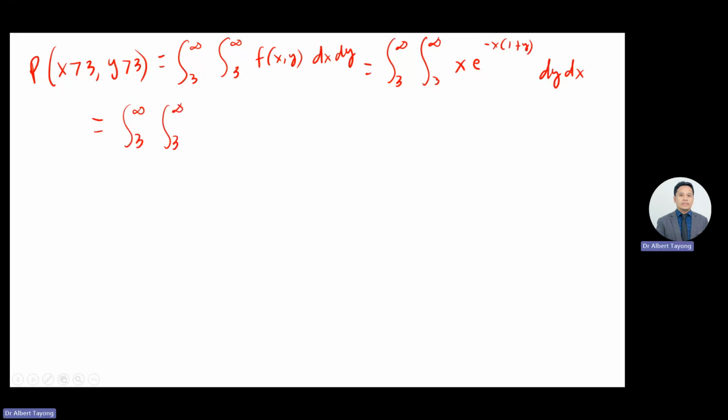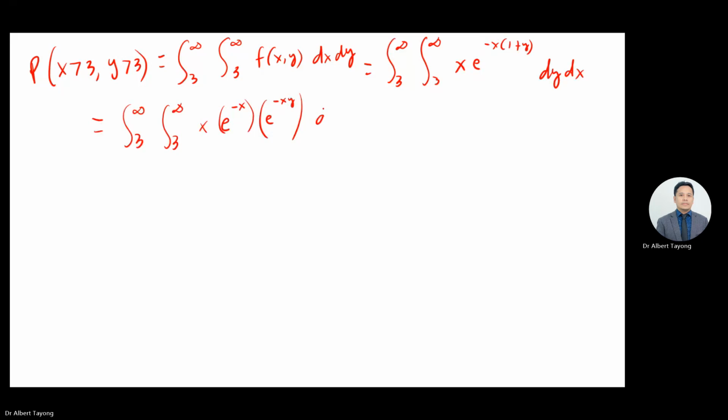So we can simplify this. This becomes e raised to the power of negative x and then times e raised to the power of negative xy. So we distribute this, negative x times 1 is negative x, times y, negative xy.